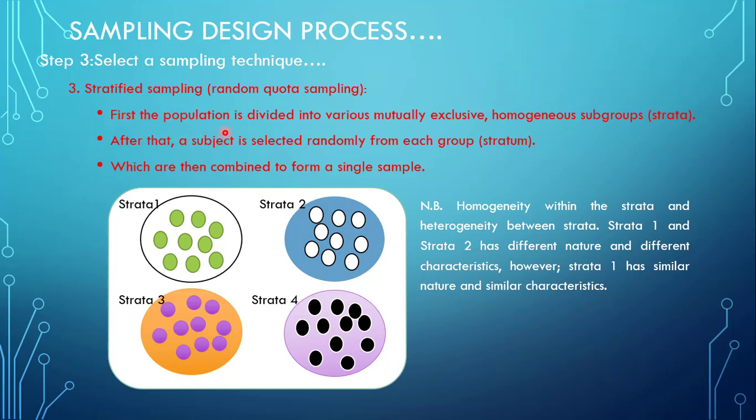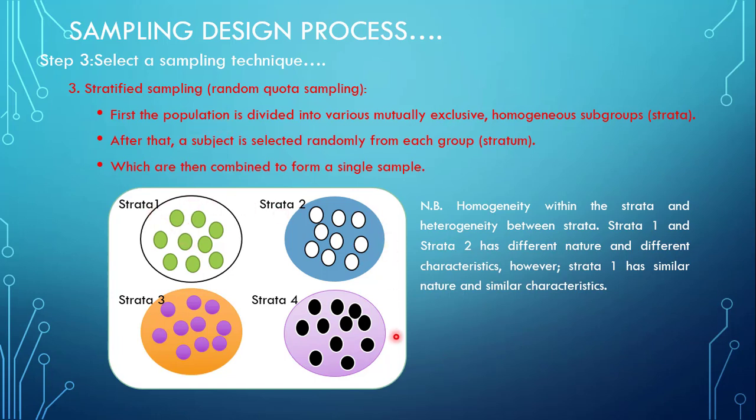After dividing the population into strata, each with homogeneous characteristics, you select randomly from each group.